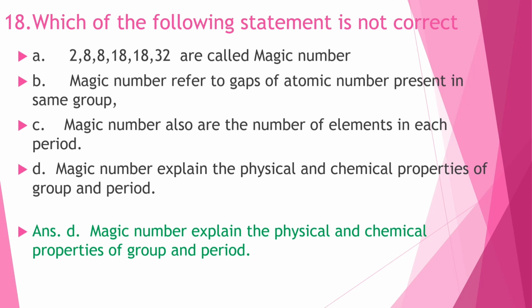Magic numbers refer to gaps of atomic numbers present in the same group. Yes, this is correct. Magic numbers are also the number of elements in each period. Yeah, this is also correct. Magic numbers explain the physical and chemical properties of group and period. This statement is not correct. So the incorrect statement is D. It does not explain physical and chemical properties.